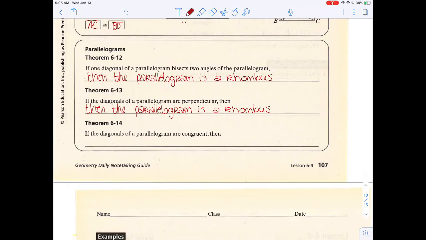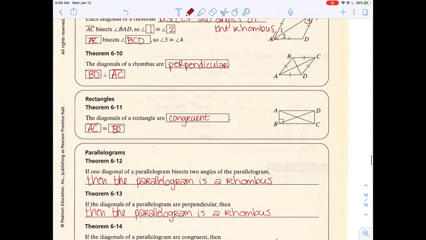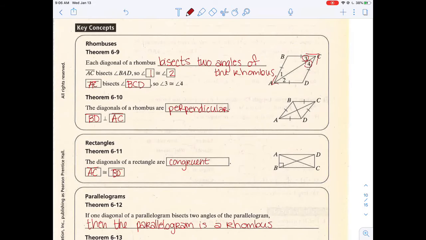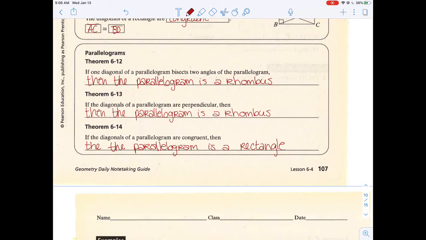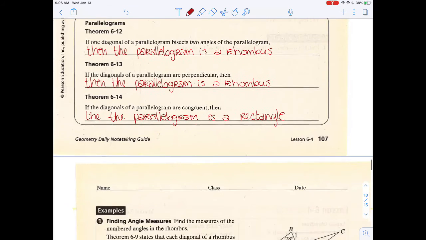In theorem 6.14, if the diagonals of a parallelogram are congruent, then the parallelogram is a rectangle. So we can prove it both ways. Up here, we're saying if we know it's a rhombus, then this is true. Down here, we're saying if this is true, then we know it's a rhombus.